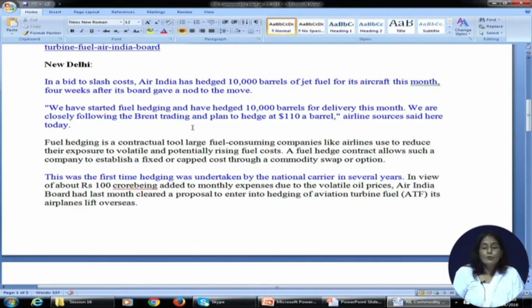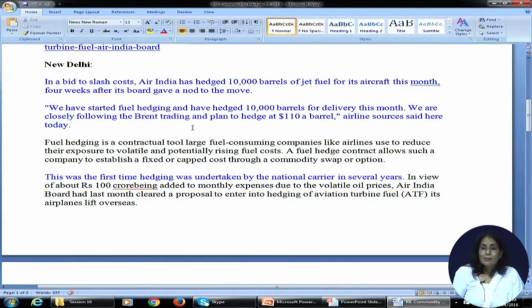And if some of you analyze it in detail, you may not agree with the information given here that they hedged this at a price of $110 a barrel when Brent was quoting at $110 a barrel. But one thing I would like to mention is that is what hedging is all about.